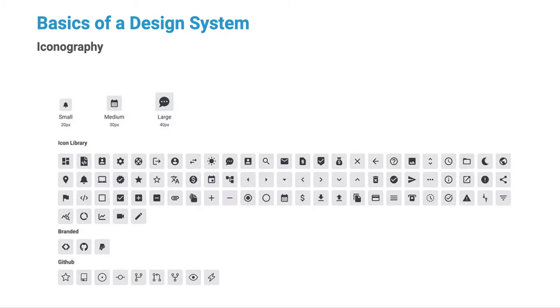This way, if a developer needs to use an icon in whatever part they are designing, they will know they need to use an icon that is 30 pixels, and if it needs to be bigger, they can use 40, but it cannot be bigger than that. So that way you are standardizing for them.